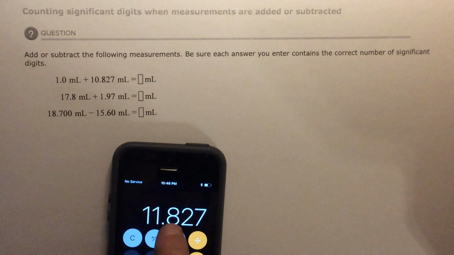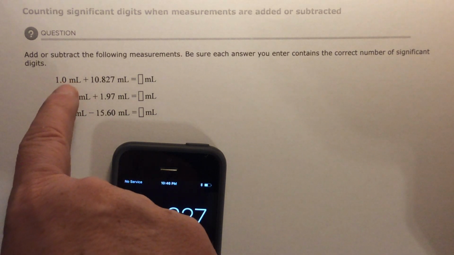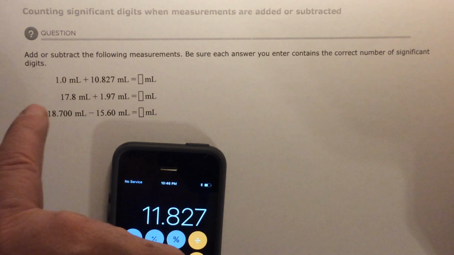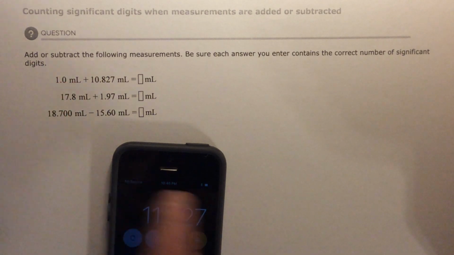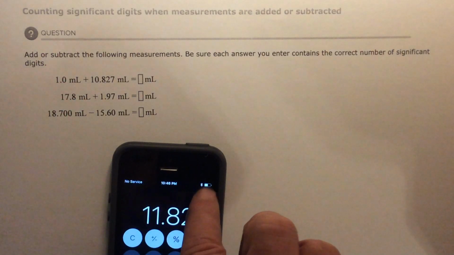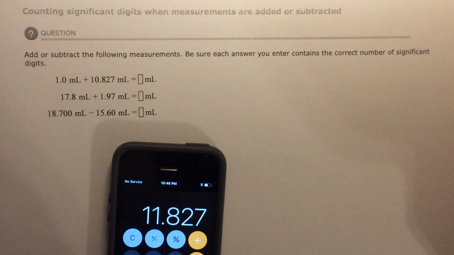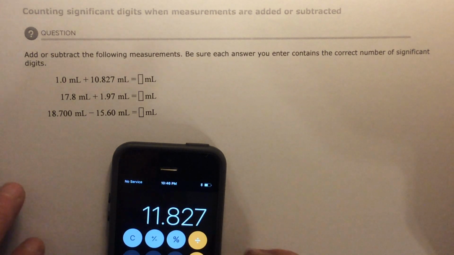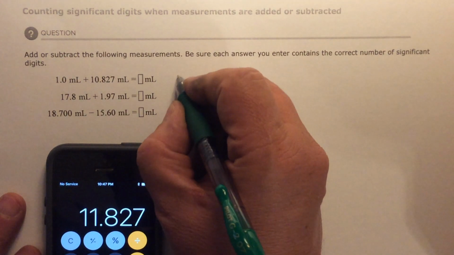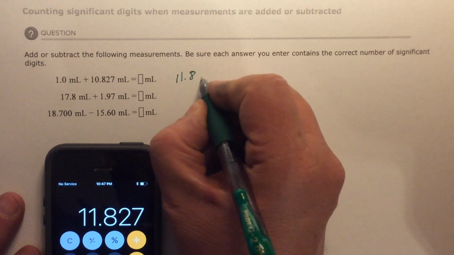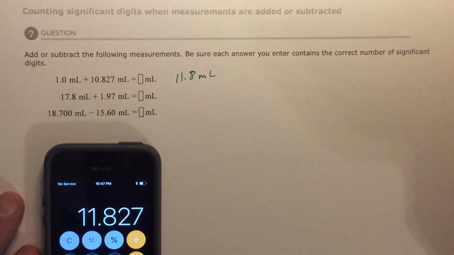I can only use up to the place that's the least precise. Okay, so I have 1.0 here. That's to the tenths. That means I have to round this to the tenths place. And when I round this to the tenths place, I'm going to go to the 2. It's not a 5, so it's not going to go up to 9. It's going to stay 11.8. So it'll be 11.8 mL.